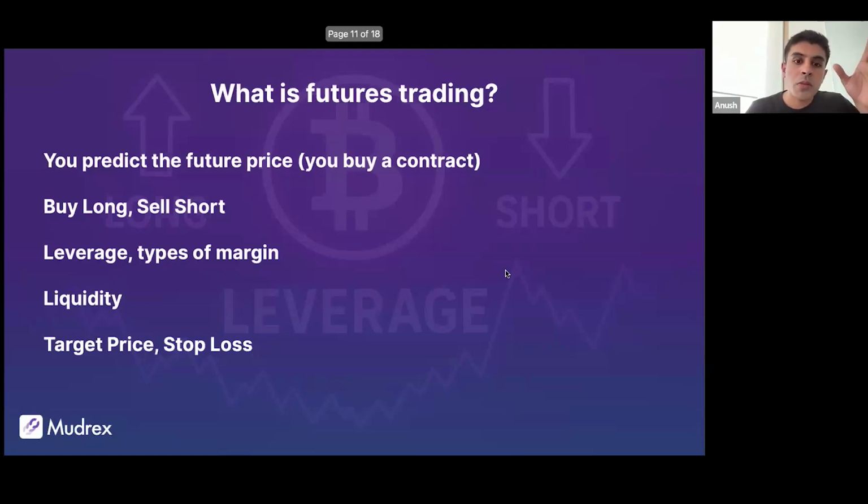Now, one of the most powerful, but also I stress this, the risky part, are tools like leverage. All right. So, what is leverage? This is a term that you will come across a lot when you're trading futures. Okay. Leverage basically allows you to control a larger trade size with a smaller amount of capital. Okay.